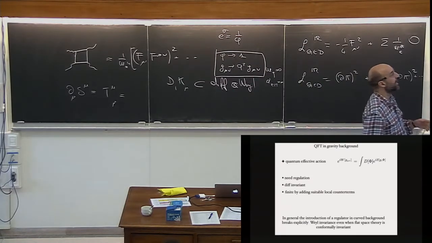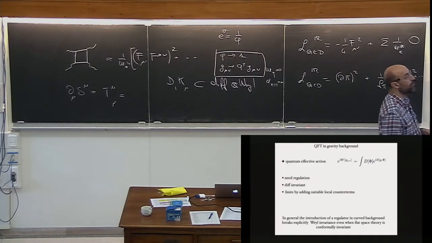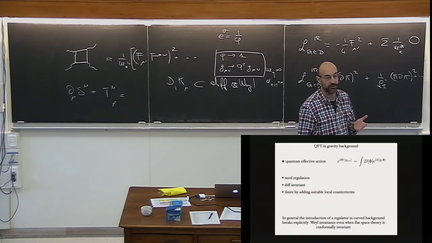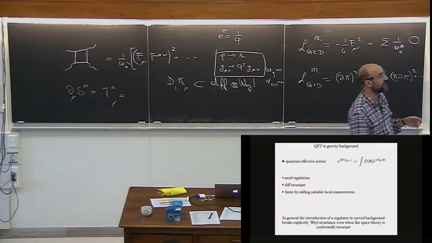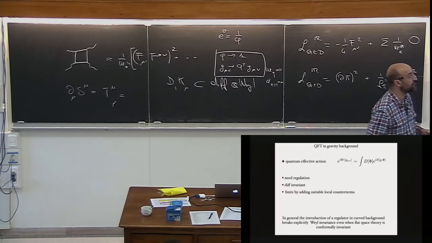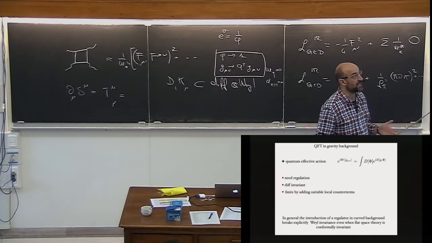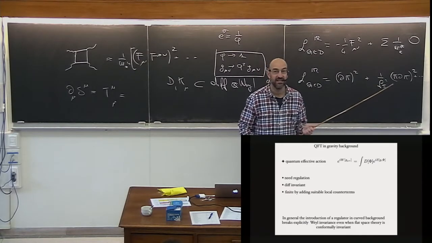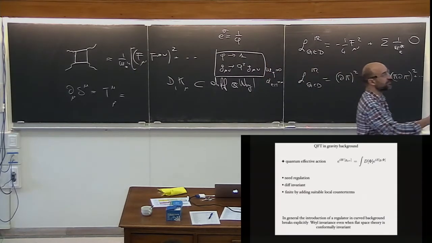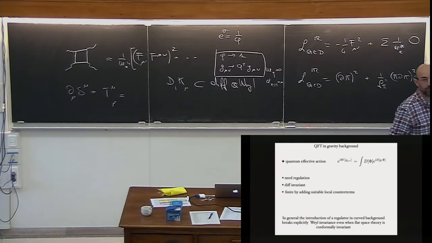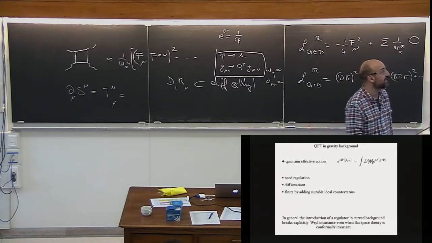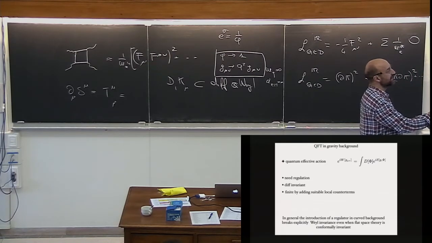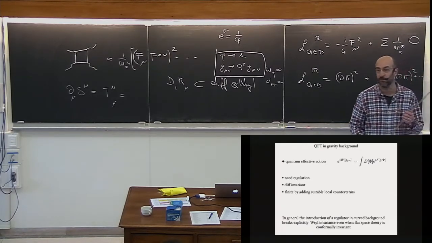Now when you do that, of course, as you know very well, you have to define the quantum effective action, which is your path integral, your partition function. Generically, in fact in all cases, to define such an object, you need to regulate and renormalize your path integral. I'm assuming that this can be done keeping diffeomorphism invariance.